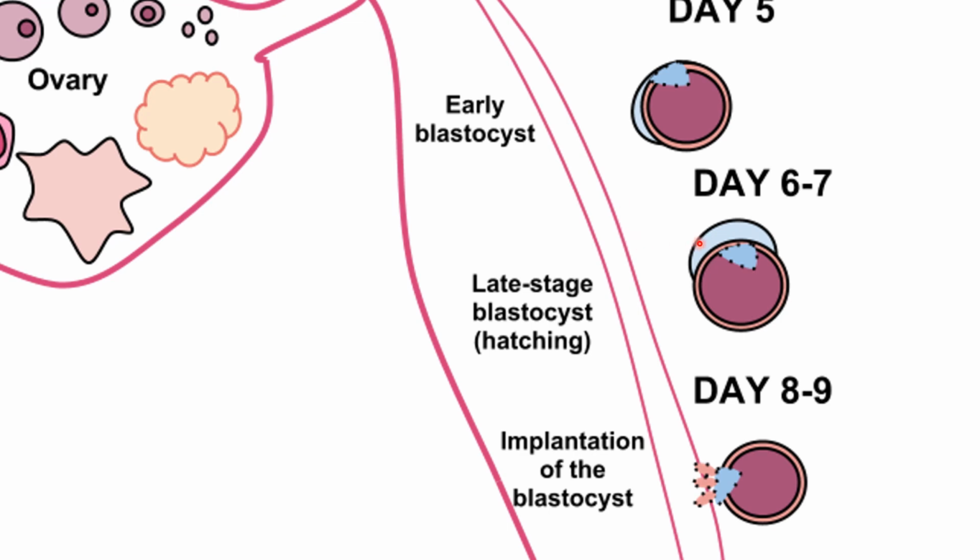Normally, zona hatching takes place on the 6th or 7th day, when the zona pellucida layer is removed and the sticky trophoblast cells are exposed so that they can stick and get embedded into the uterus. This results in implantation of the embryo.